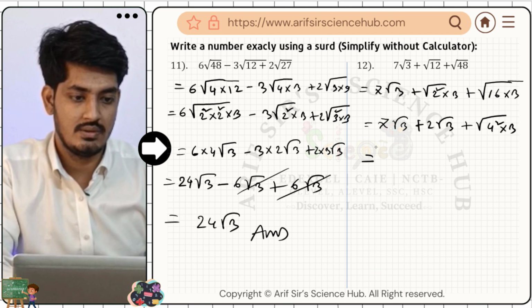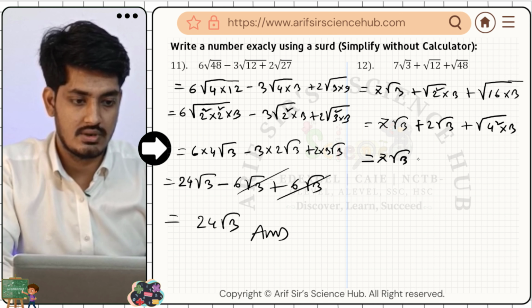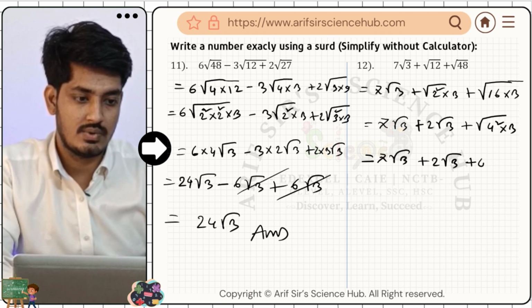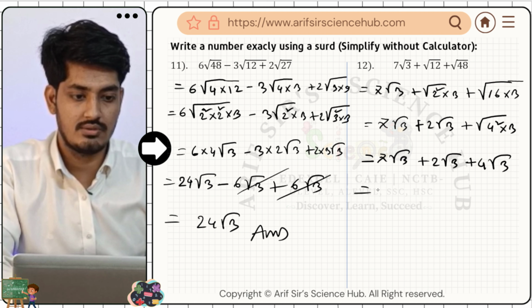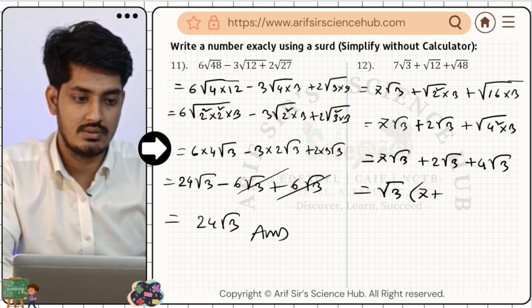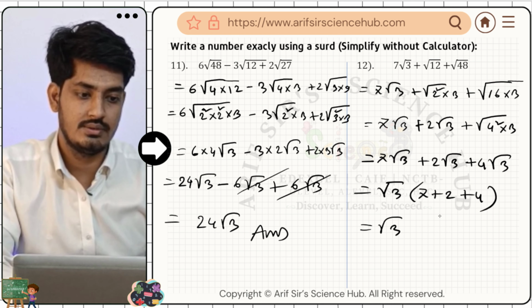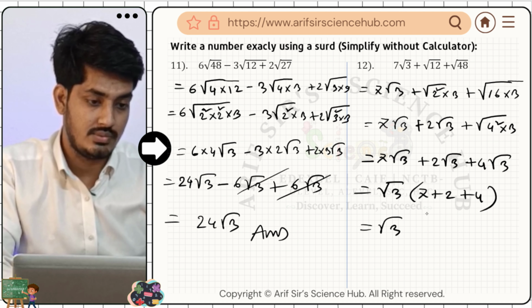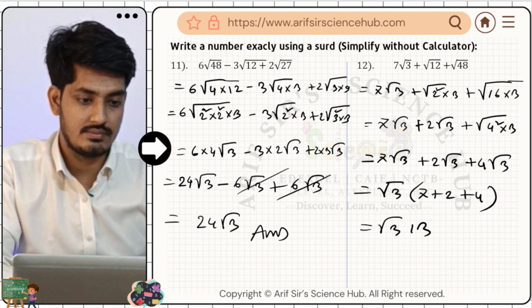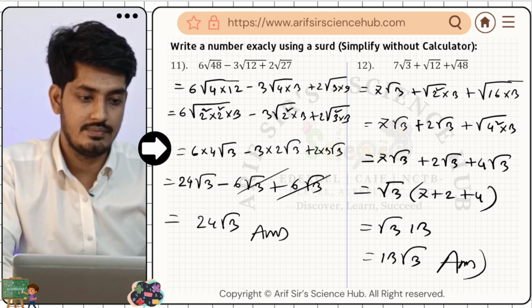Okay, so now we can easily write 7 square root 3 plus 2 square root 3 plus 4 square root 3. So if we make the square root 3 common, then 7 plus 2 plus 4, if we add the 7 plus 2 plus 4 together, then it should be 13. So 13 square root 3 is the answer.